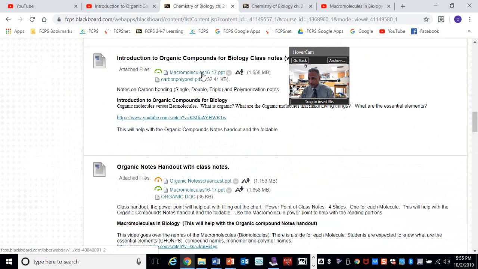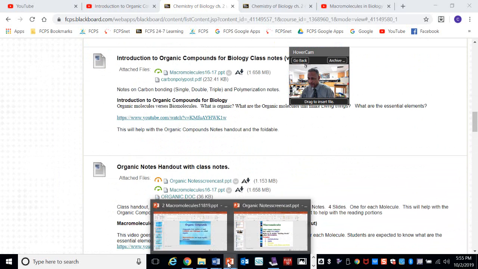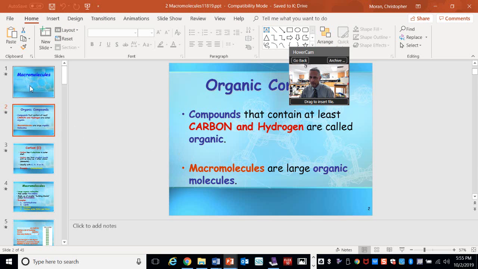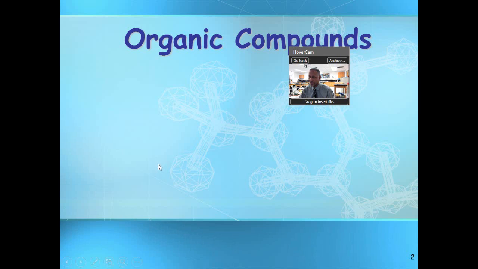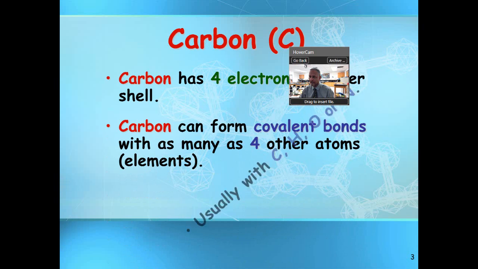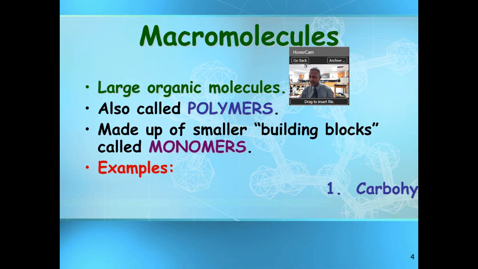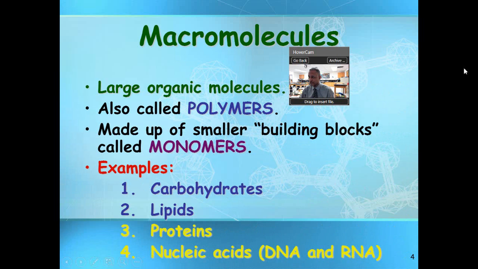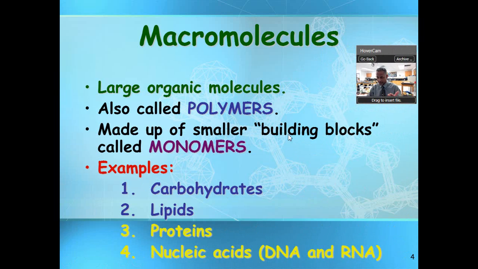If you click this PowerPoint, it's going to look like this. You're going to do a couple slides. You're going to talk about carbon, macromolecules, scroll down. Usually we just read this, but then this is a big slide to get, because this is showing the 4 macromolecules that we need to know.